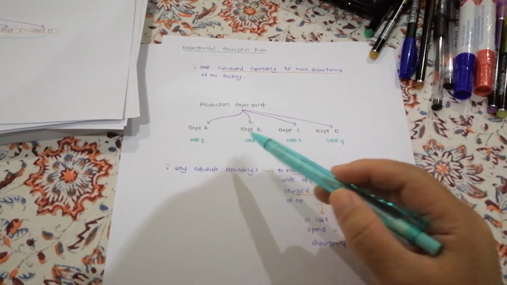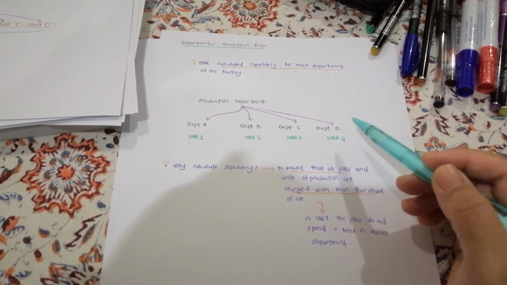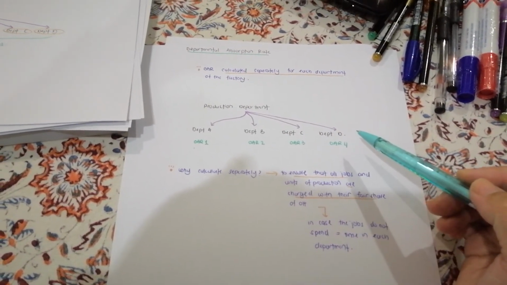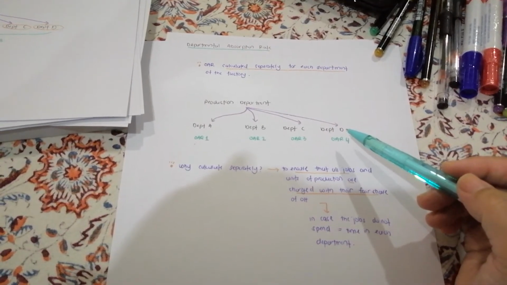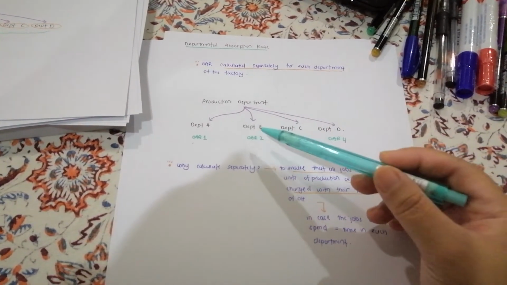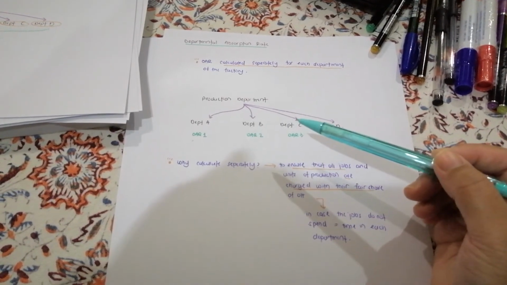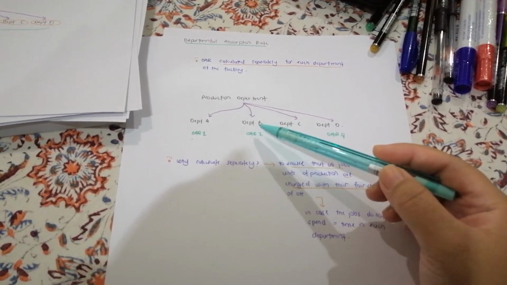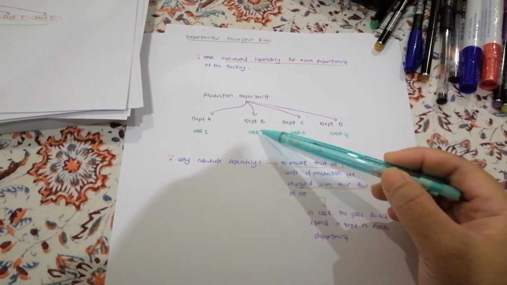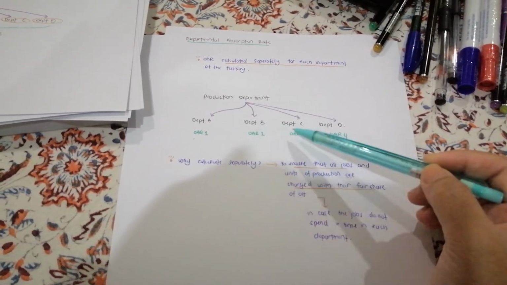So maknanya untuk each department ni, diorang nak make sure diorang allocatekan overhead tu secara adil. Contohnya kalau department B, time spent untuk produce produk tu kurang daripada department C, takkanlah diorang nak allocatekan overhead untuk department B and C ni sama.